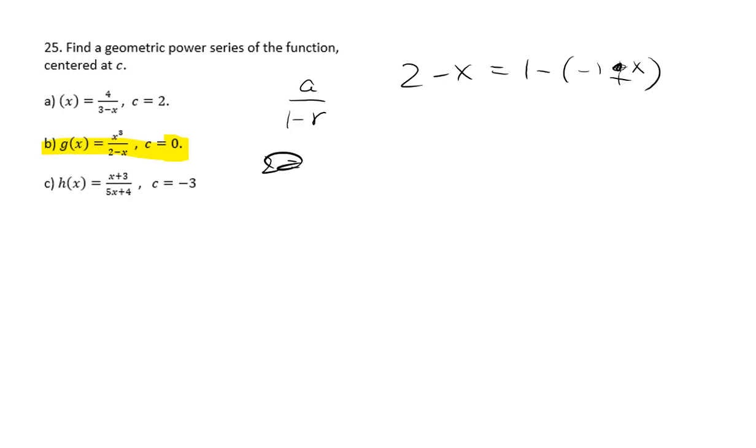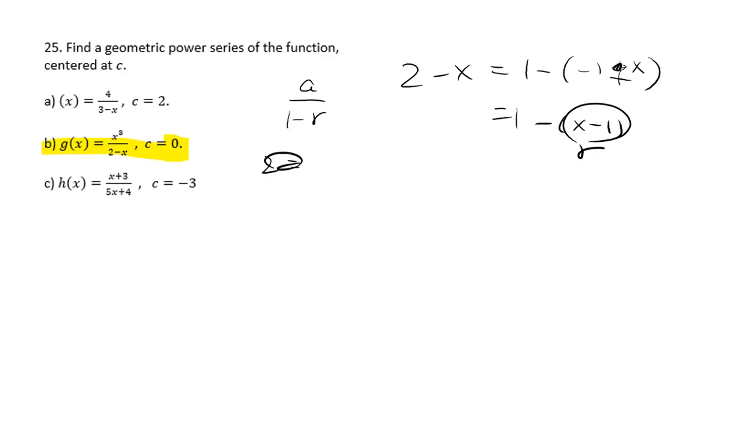If you do that, then you end up with 1 minus x minus 1, so that's your r value. If that's your r value, this is the one that gets squared and cubed and all that. So you're going to end up with a Taylor series centered at 1, which is not what you want. You want something to be centered at 0. So you need to change this in a different way.